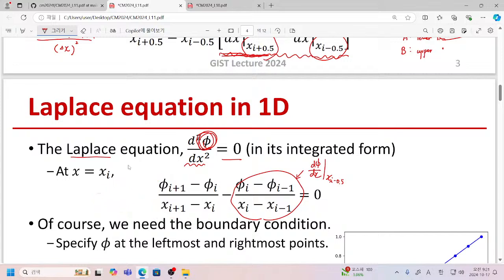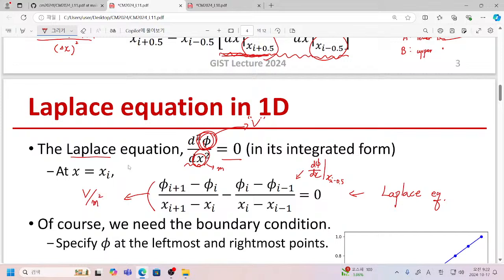Please note that this is not the unit or dimension of a Laplace equation itself. If we are really working with the Laplace equation, then it should have a dimension of the phi function twice derived against this x variable. So if phi has a unit of, for example, voltage, and if x is on the meter scale, then our quantity should have a dimension of voltage per square meter.